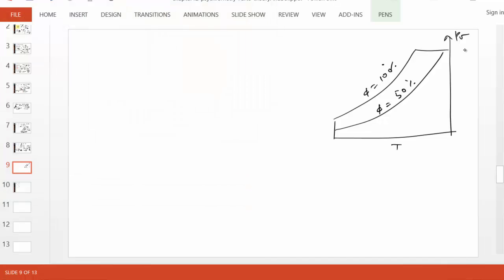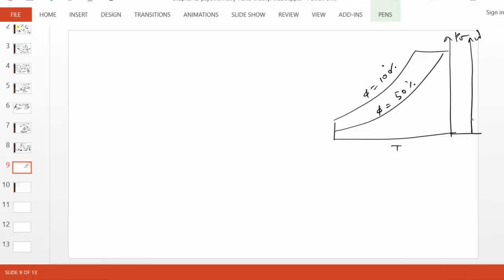In other words, we can plot omega in a parallel axis here, which will be something like this. Oops, let me pick up the pen. So the omega axis can be put right next to PV axis, of course with different numbers here. So if you know the temperature and relative humidity, so if you know the state, then we can read off what is vapor pressure and more importantly, what is omega from this axis.